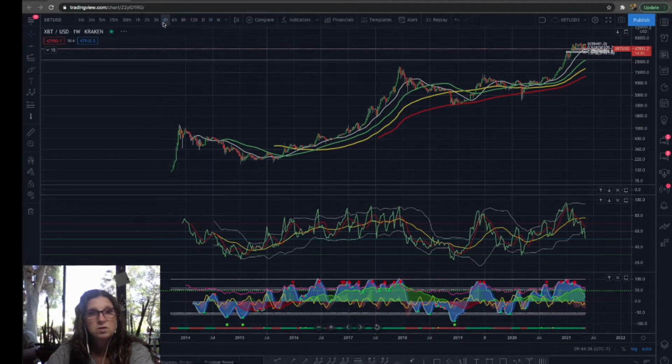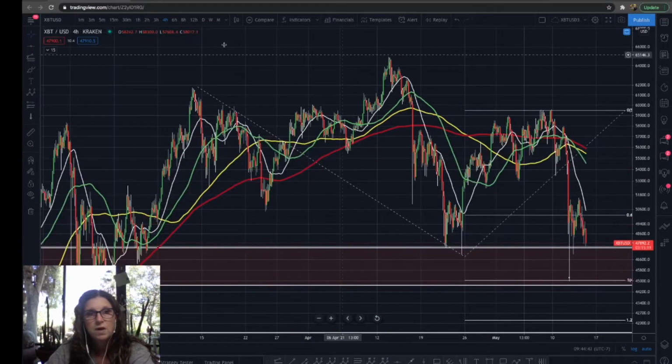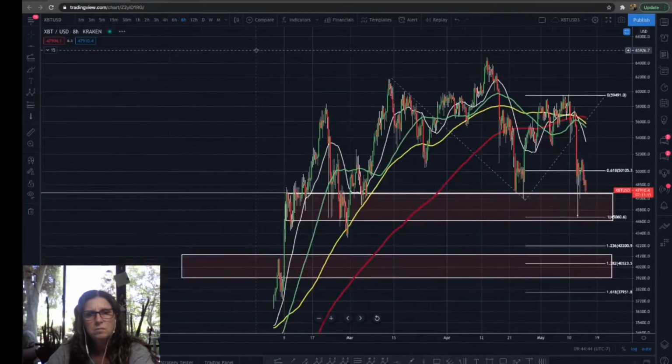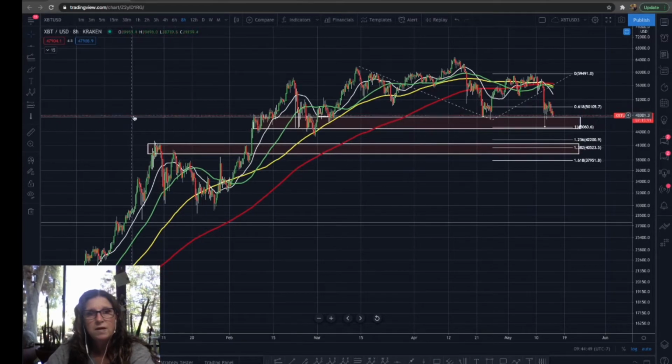Let's move on down to the 4-hour, and let's talk about this correction. Actually, I'm going to move up a little bit. As you can see right here, this white line is our 21 MA. We bounced off of it once, twice, now we're coming back to it again.